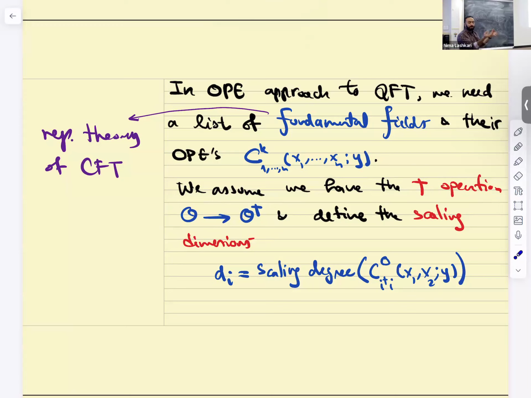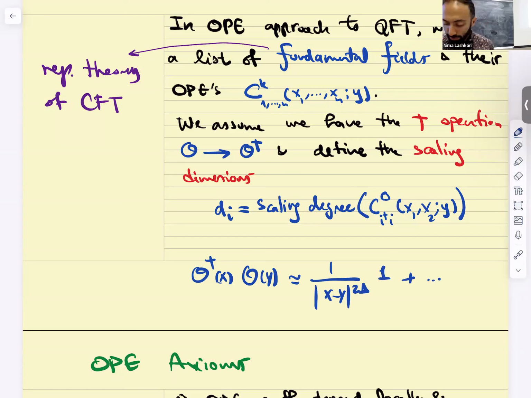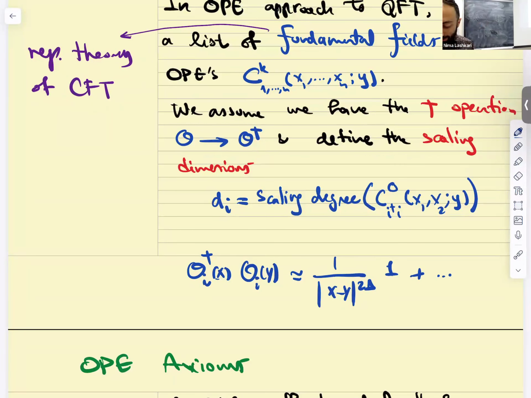If you take the 2-point function, so take C of I dagger, I, 0, the 0 means the part of the OPE, so you're looking at O dagger of X, O of Y, 1 over X minus Y to a power of 2 delta, times identity plus and so on.